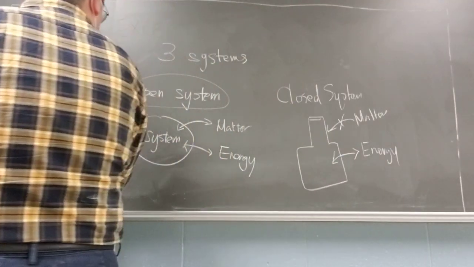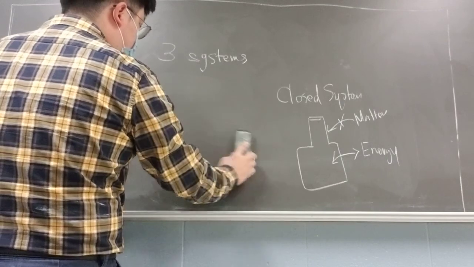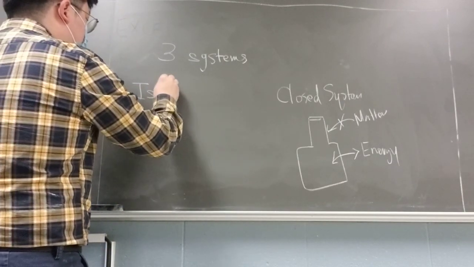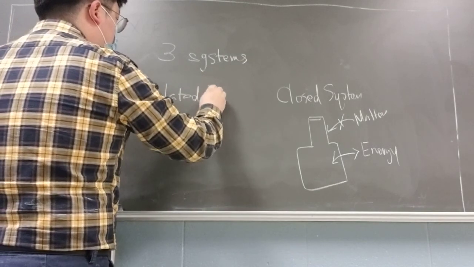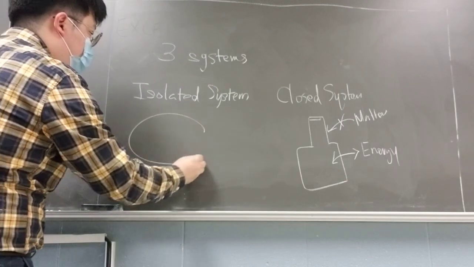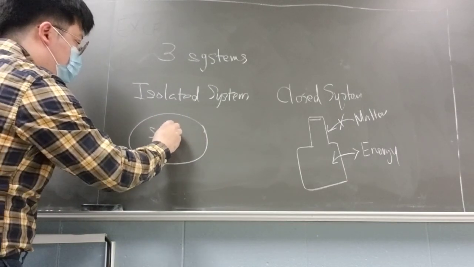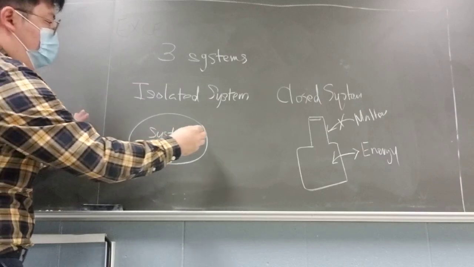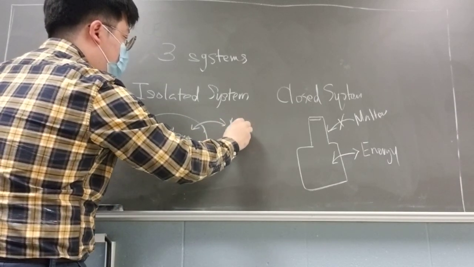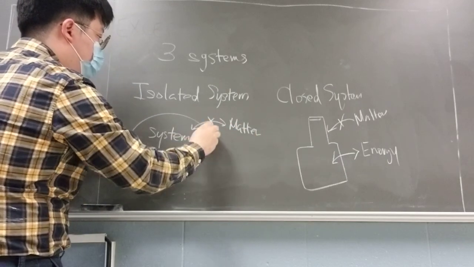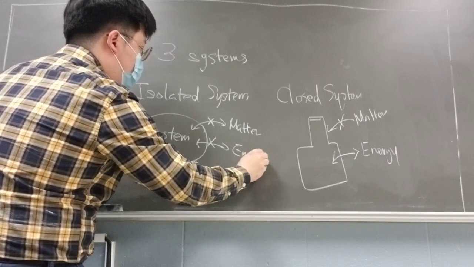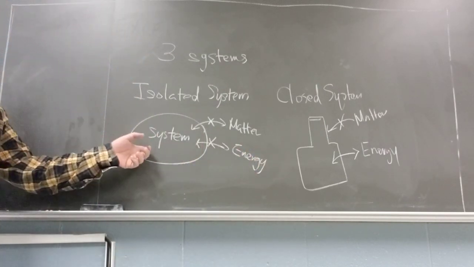The last one is the isolated system. You can probably guess by looking at the first two. You cannot change the amount of matter inside, and also energy neither. So you can do nothing to this system.